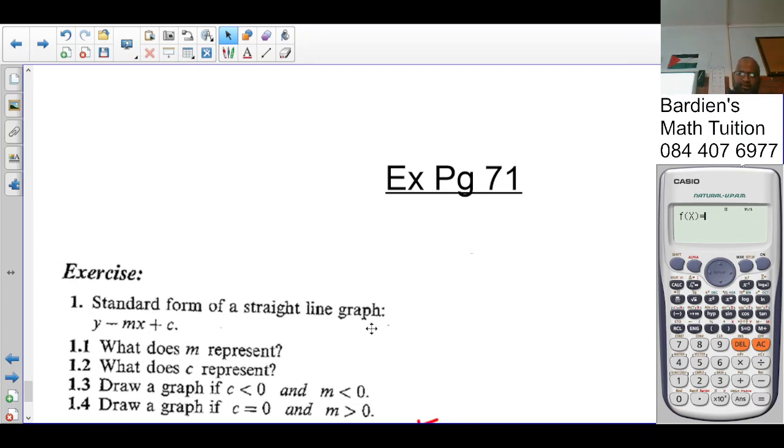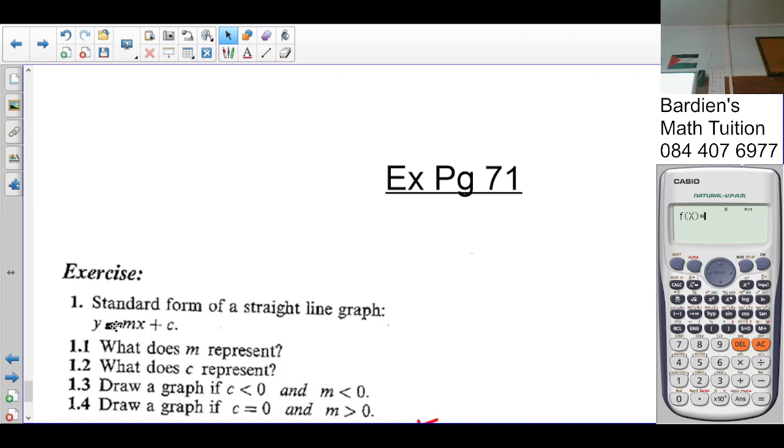Okay, listen. So at this point we are looking at number 1. The standard form of a straight line is y equals mx plus c. Okay, so y is equal to mx plus c is the standard form of a line graph, or straight line graph. The question says, what does m represent? m is your gradient.